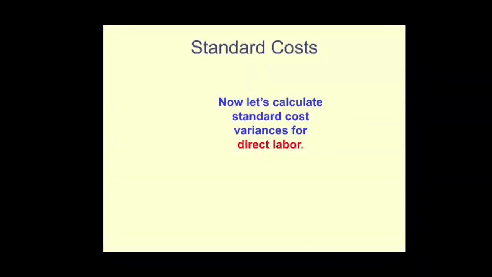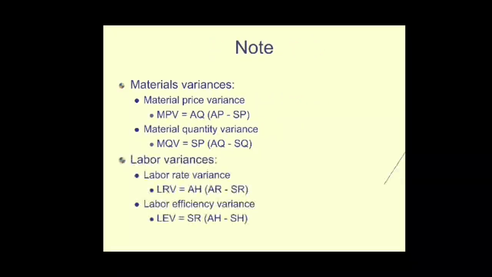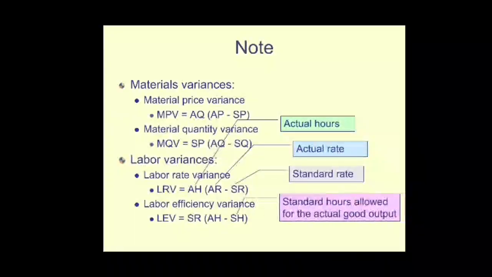Okay, now we see the calculation for variances for direct labor. I have told you there are two aspects of variance analysis, in terms of dollar and in terms of quantity.